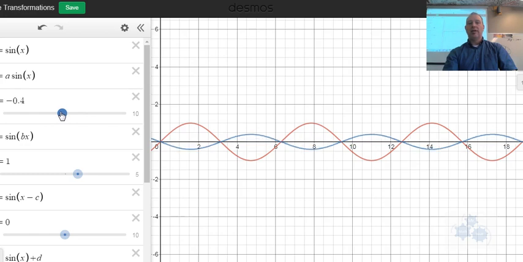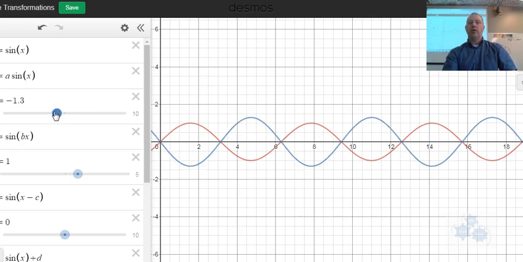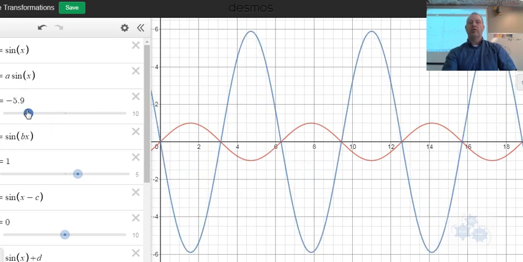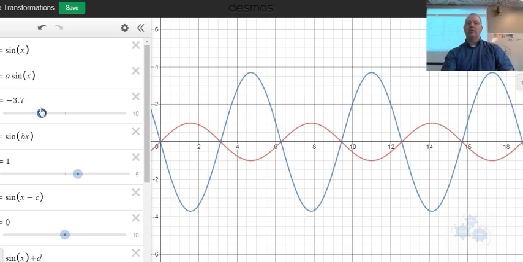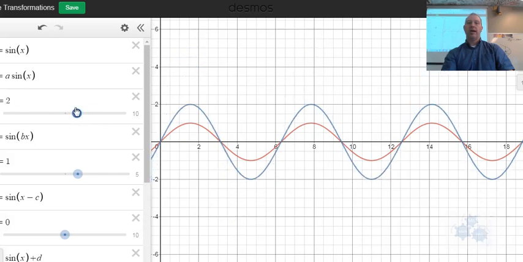And then negative, look at that, it kind of flips around, you see? So that's -1 there. Cool, eh? The absolute value is the fancy term for just the number portion, not the sign, positive or negative. So the absolute value of A causes the amplitude to change, okay? So there you go. That's A.